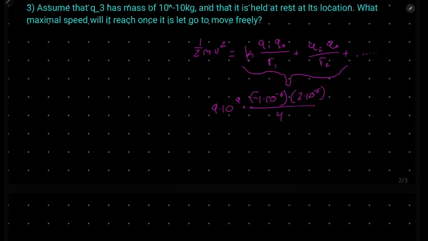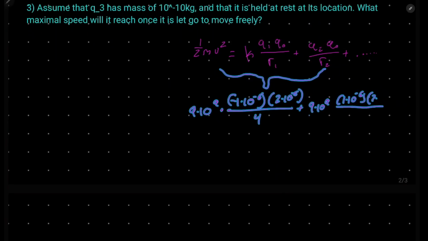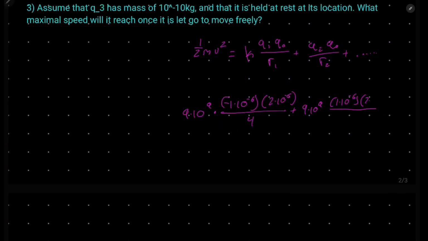And then we'll have, again, our 9 times 10 to the 9, times 1 times 10 to the negative 6, times 2 times 10 to the negative 6, all over a radius of 3. So when we plug all of that in, we get an answer of 0.0015.